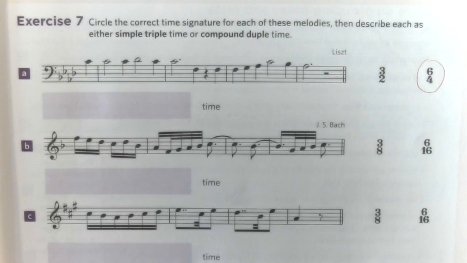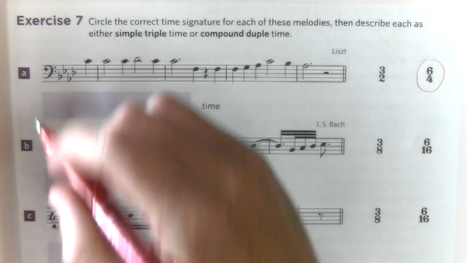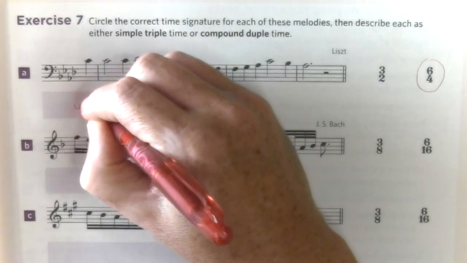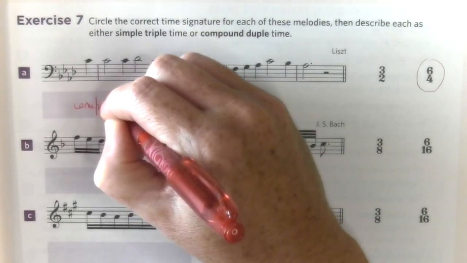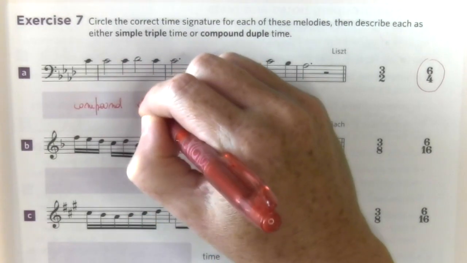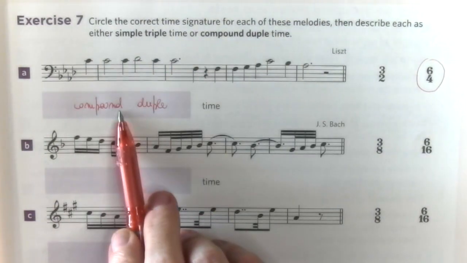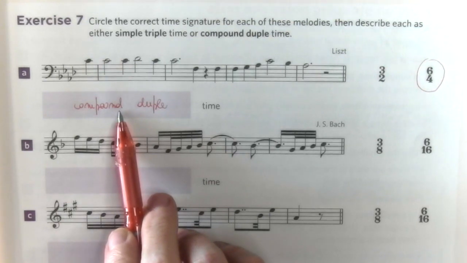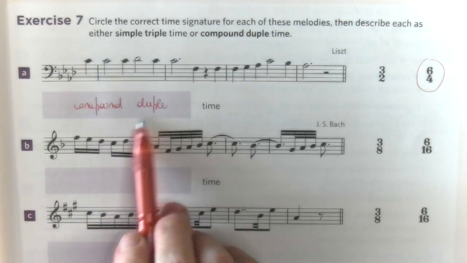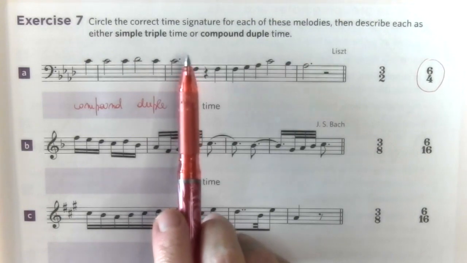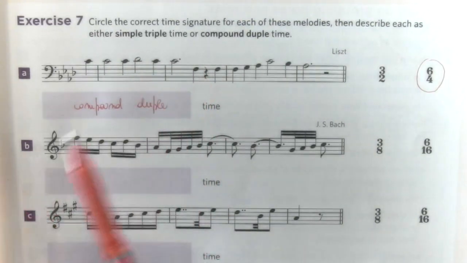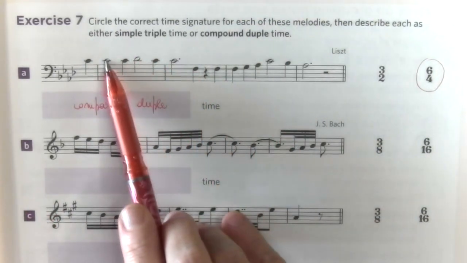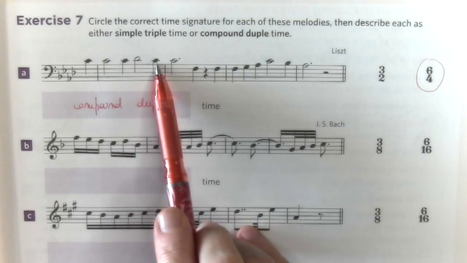The description of this time signature is compound duple. Compound because the subdivisions are 3. Duple because we change number twice. 1 and 2 and. 1 and 2 and.